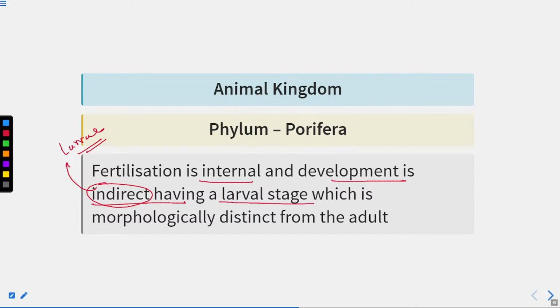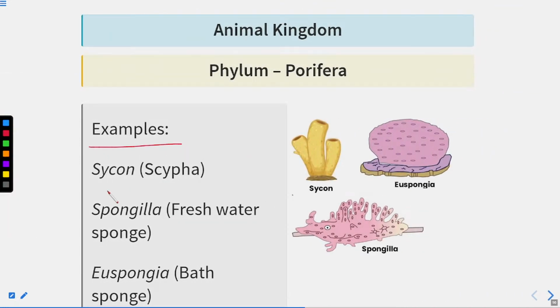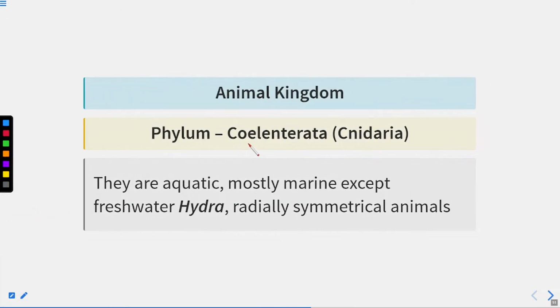So, they are having the larval stage which is morphologically distinct from the adult. Means it is quite different from the adult. So, here are some of the examples. Cycon, that is also known as Scypha, Spongilla, freshwater sponge, and Euspongia, that is also called as bath sponge. So, 3 examples that you must remember.